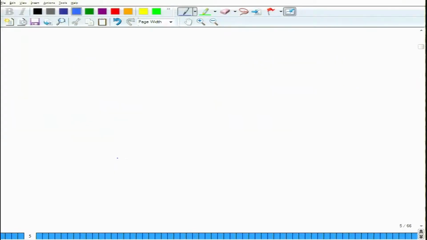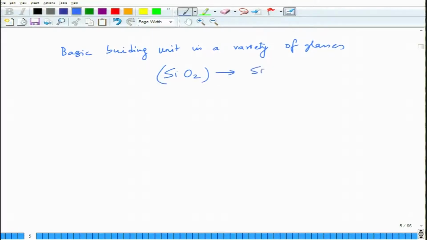So, basically the basic building block in a variety of glasses, not all of them, but in most glasses, is SiO2, which is called silica, and by and large the structure of silica is such that silica has nearly 50% ionic bond and 50% covalent bond.